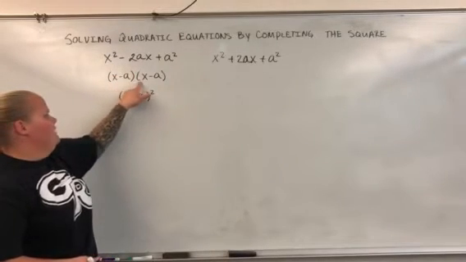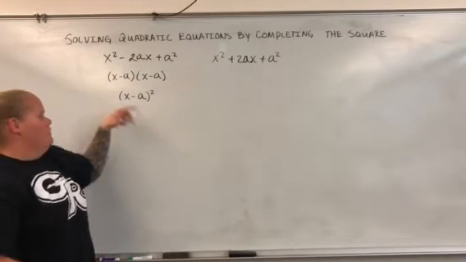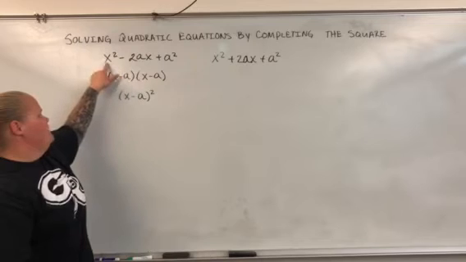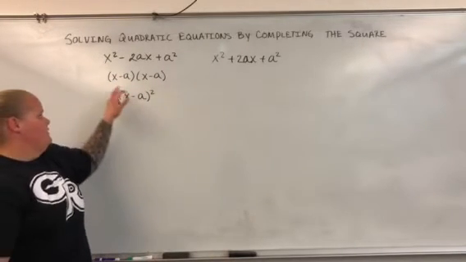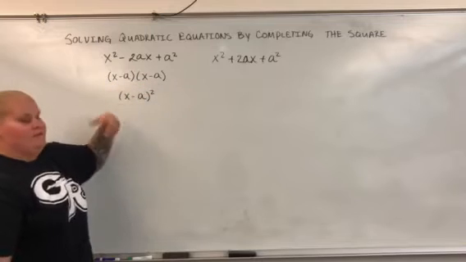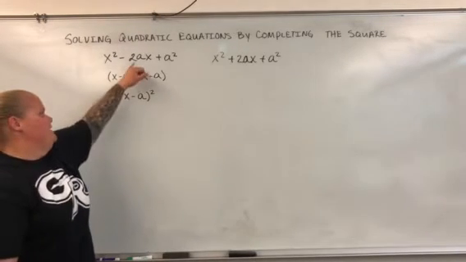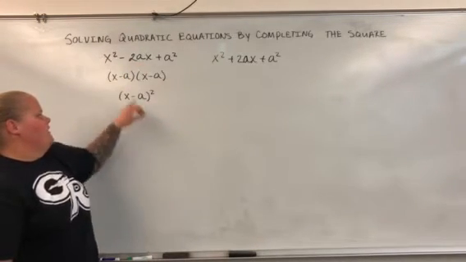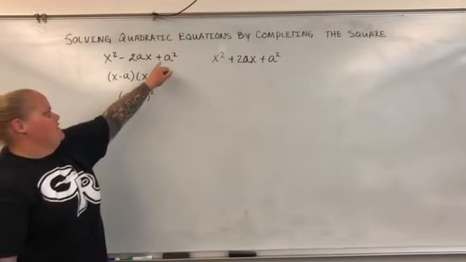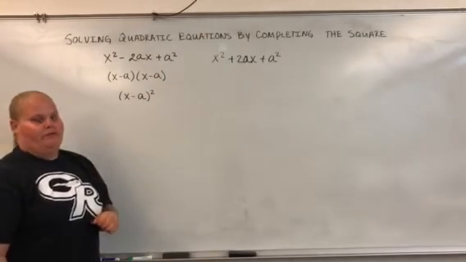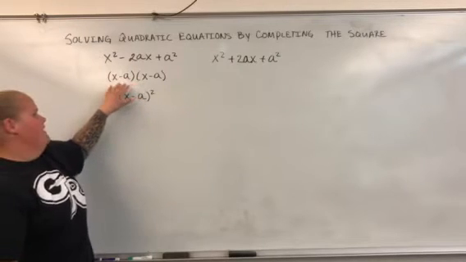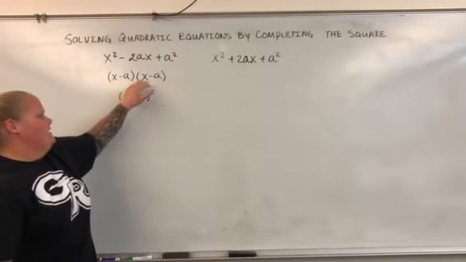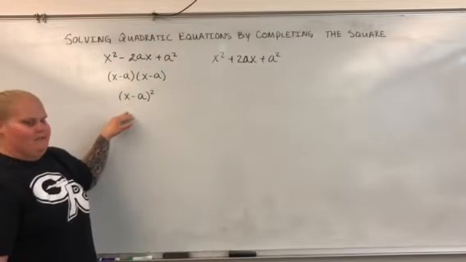If you were to multiply these two things back together, x times x gets me x squared, negative a times x is one negative ax, negative a times x is another negative ax, so that gets me negative 2ax, and then negative a times negative a is positive a squared. This is just a condensed version of these, right? x minus a times x minus a is x minus a squared.